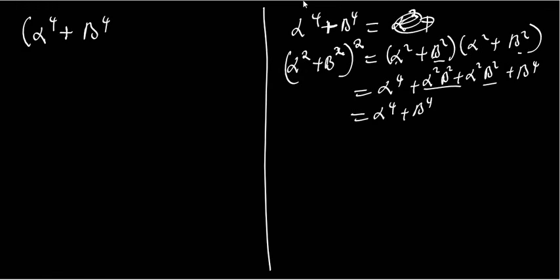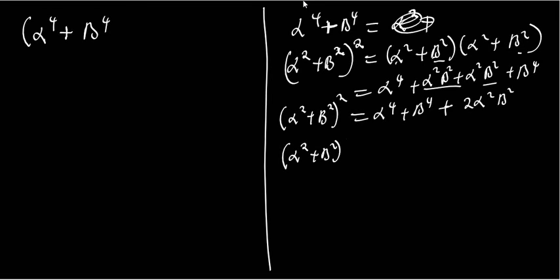Then these ones can add to be plus 2 alpha squared beta squared, meaning that alpha to the power 2 plus beta to the power 2, like that, right? This one, I'll bring it this side, so this is minus 2 alpha 2 beta 2, equal to alpha 4 plus beta 4.